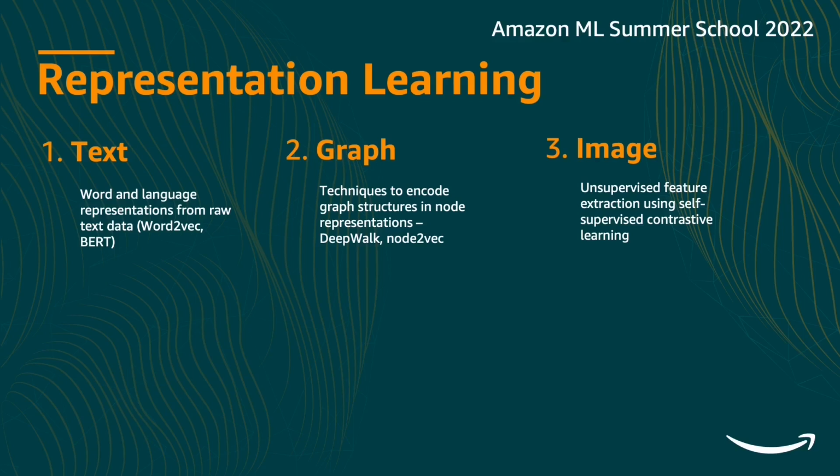In case of graphs, we'll look at some of the techniques to encode graph structures, such as DeepWalk and node2vec, which learn powerful node representations. And for images, we look at powerful techniques which use self-supervised contrastive learning methods for feature extraction.